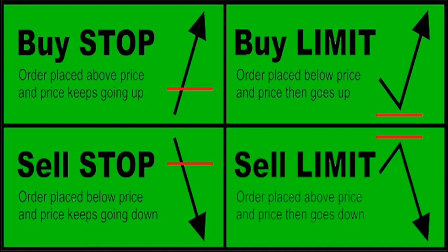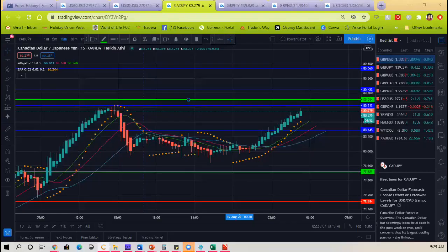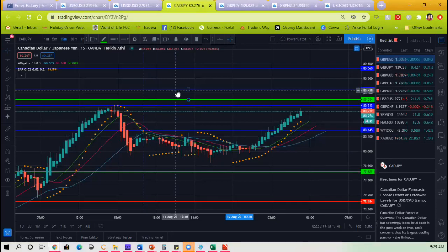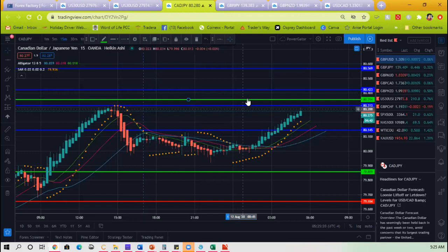So we are looking at it to do a buy stop, go to a certain point and keep going up. All right. So since this green line is our take profit, we can do a pending order.